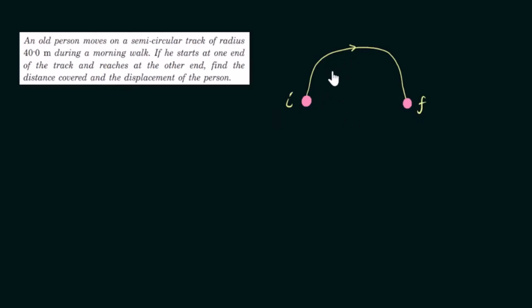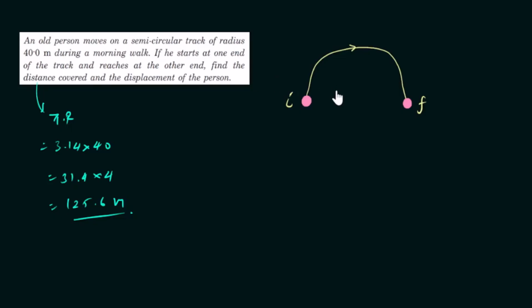The distance is this semicircular path, so distance will be pi into r. Pi is 3.14, radius is 40, so this will be 3.14 into 40. So you will get 125.6 meter. The distance covered will be 125.6 meter.